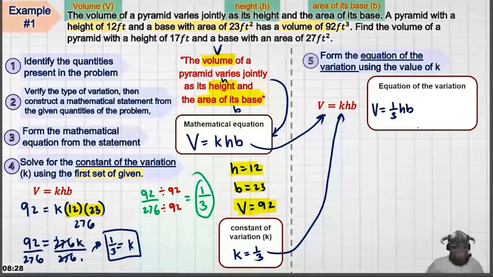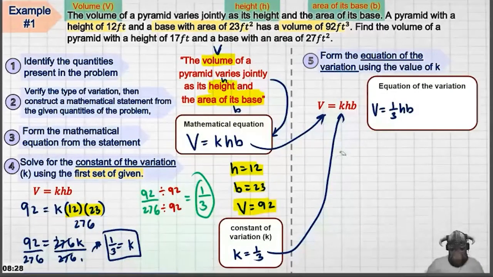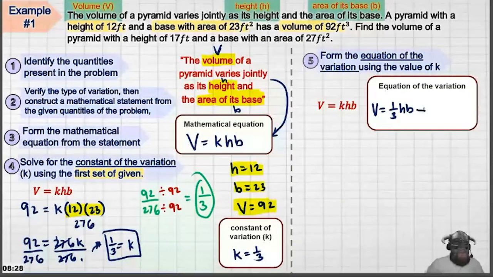Yan. So, para mas magmukha siyang formula at mas madali siyang gamitin kapag nag-solve na tayo ng missing value, we can interpret this one or we can just simplify this and multiply HB to 1 as the numerator. So, 1 times HB is HB. So, ang gagawin natin, lalagay lang natin siya sa taas.